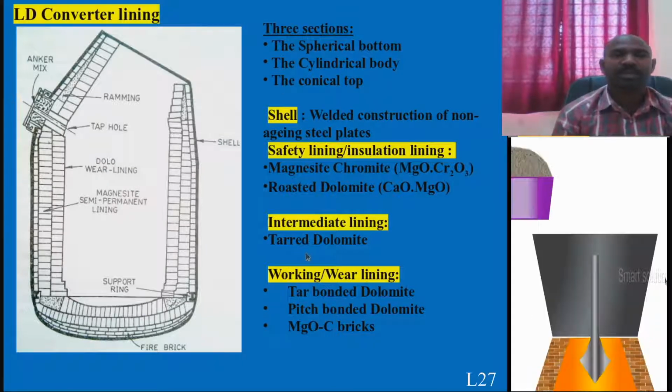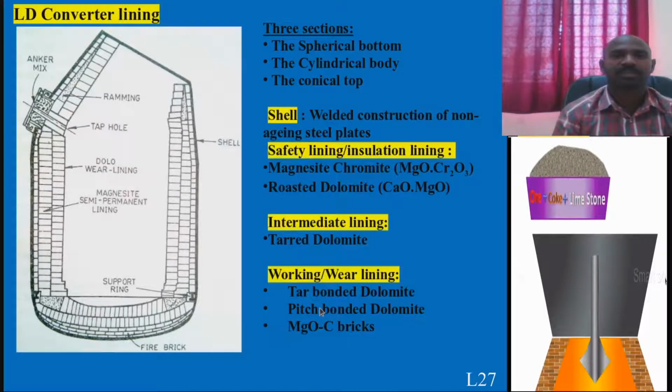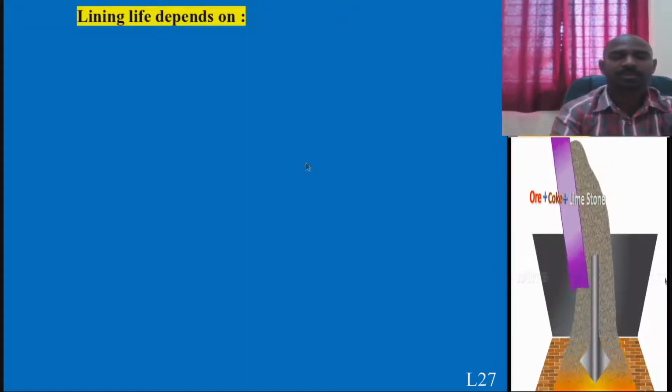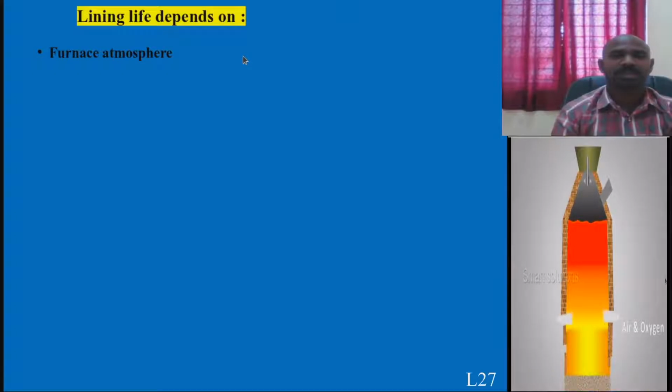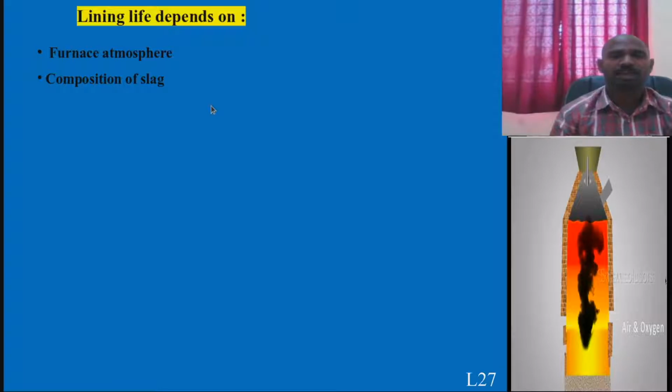What are the factors affecting the lining? Let me talk about a few things. Furnace atmosphere, whether it is acidic in nature or an oxidizing or reducing atmosphere. And composition of slag, whether basic slags or acidic slags are forming more.